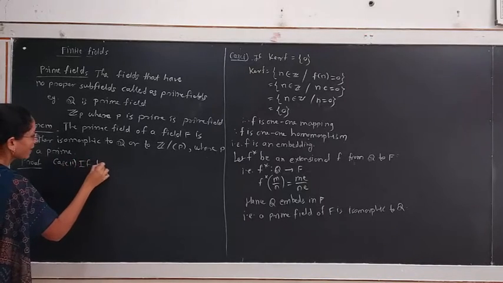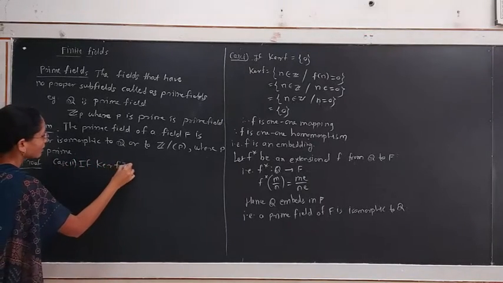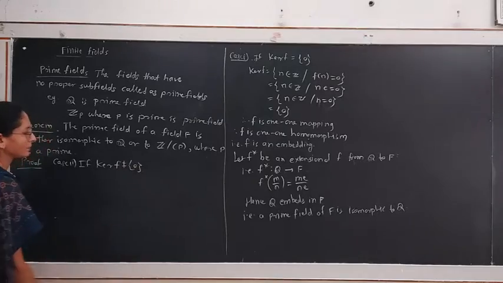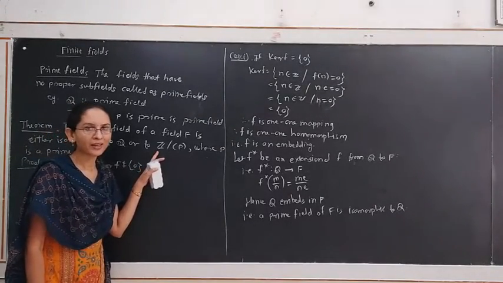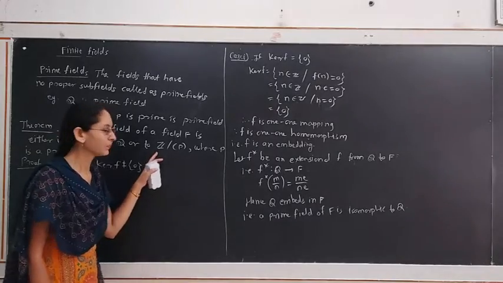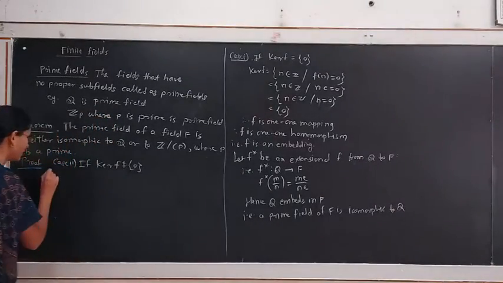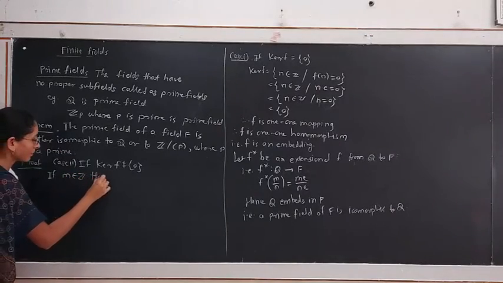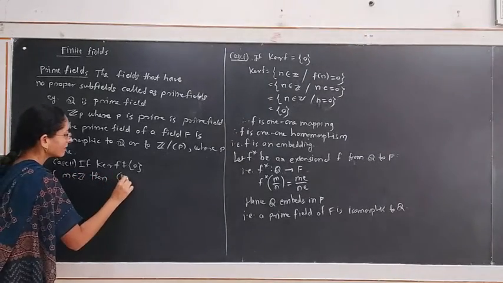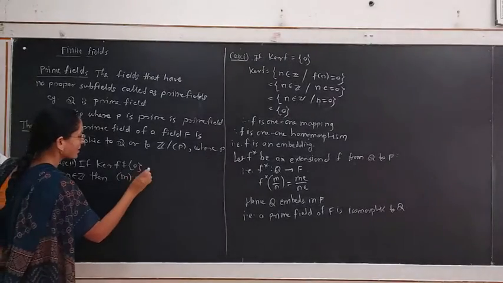If kernel F is not equal to 0, we know that Z is a principal ideal domain, hence every ideal in Z is a principal ideal. If n belongs to Z, then the ideal generated by n is the principal ideal.